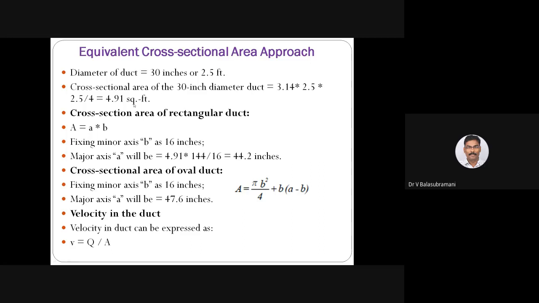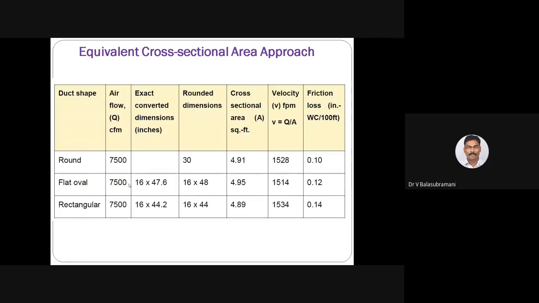For circular, 4.91 is maintained as the cross-section area, and other dimensions are calculated using the formula A cross B, as well as A equals pi B squared into B into A minus B. Here the airflow is 7,500, the cross-section area 4.91, the velocity is mostly the same, but the frictional loss is increasing.